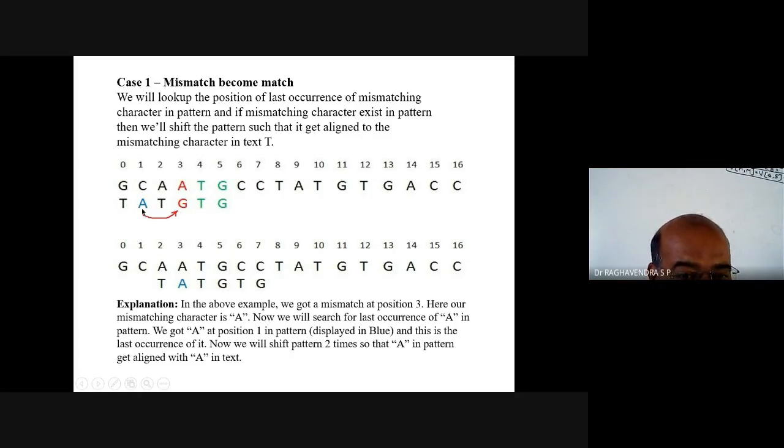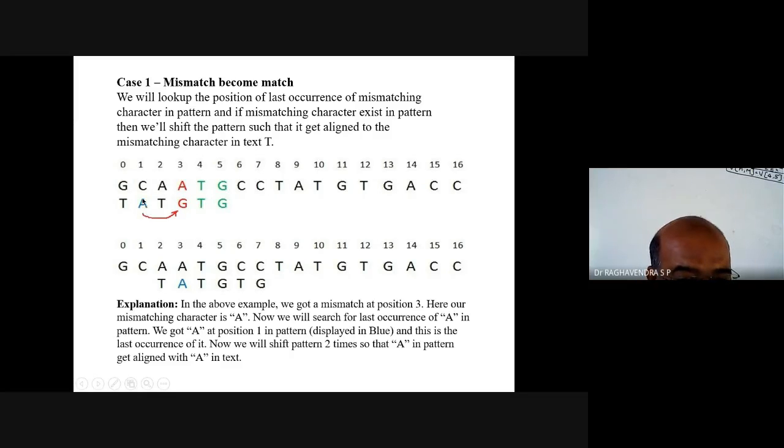It is present at the first position. The character A, which is present in the text, is also present in the pattern at position 1. So we have to shift the pattern such that it gets aligned to the mismatching character in the text.